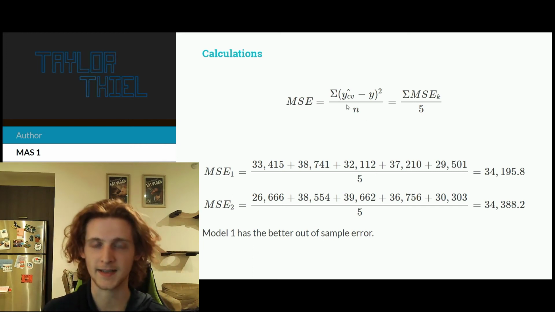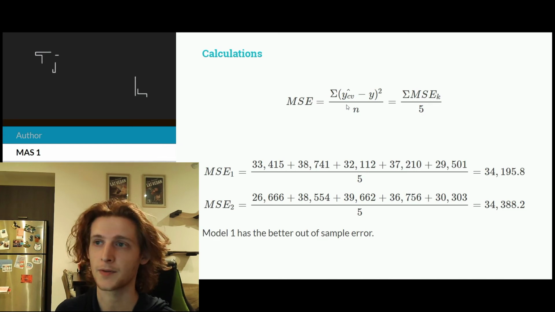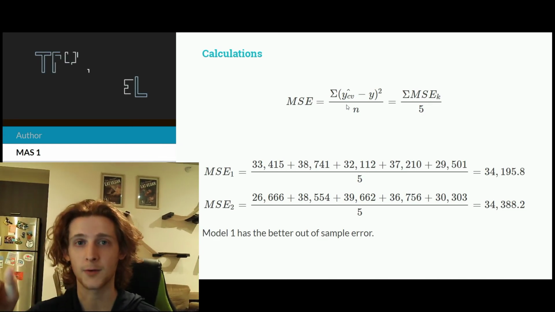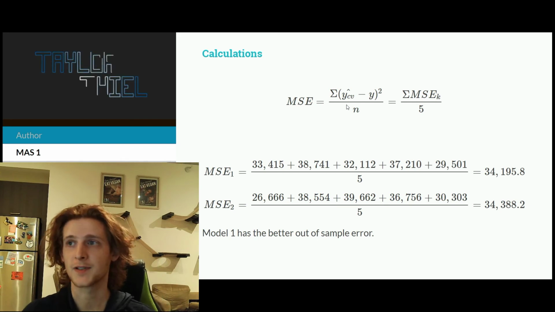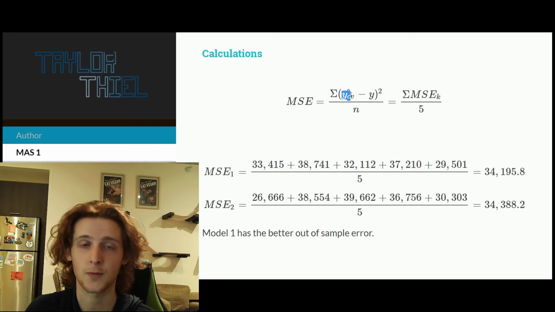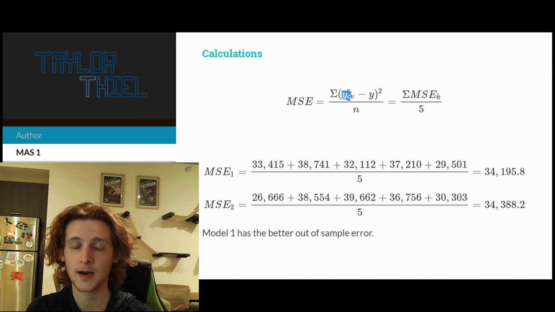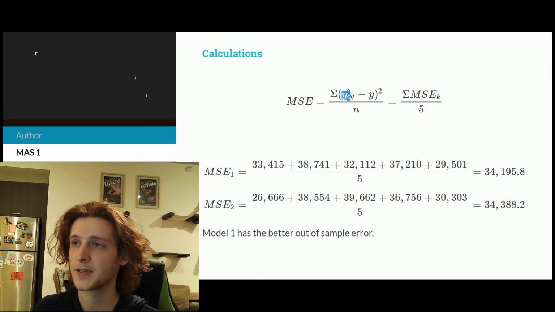However, that's not necessarily the case for our problem. So it might be there are 5 folds, but each fold maybe has 10,000 observations. So we might get 10,000 y-hats from one of the cross-validations and then 10,000 from each of the following.